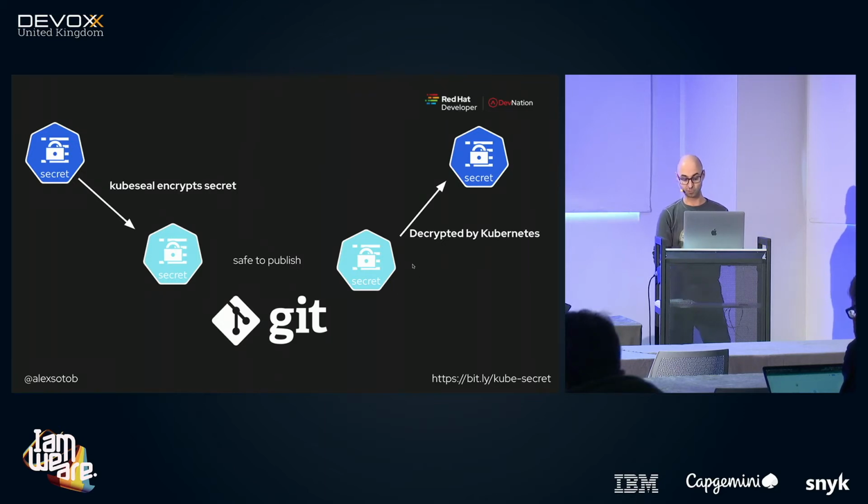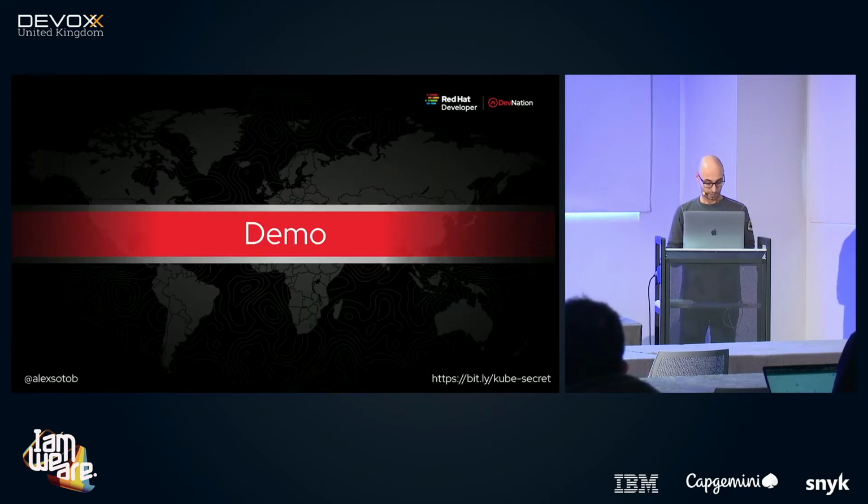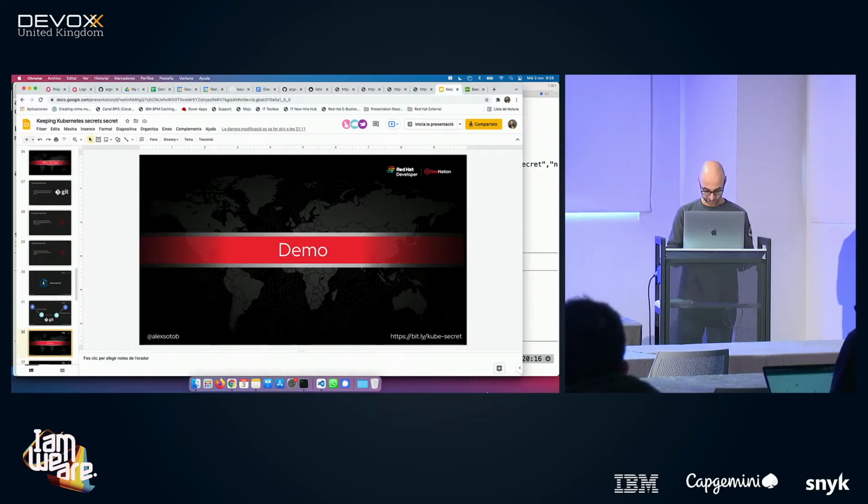I just need to do the reverse: decrypt the YAML file and apply that secret. And this decryption happens automatically by Kubernetes. Remember that it was Kubernetes who provided us the public key, which means that it also has the private key to decrypt. Let me show you how this works.